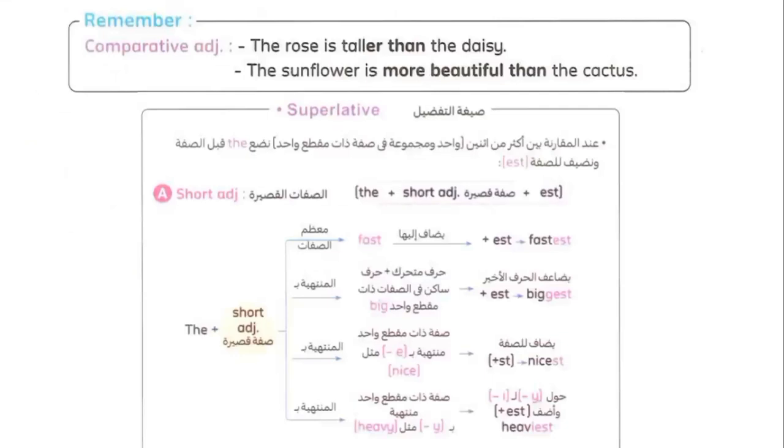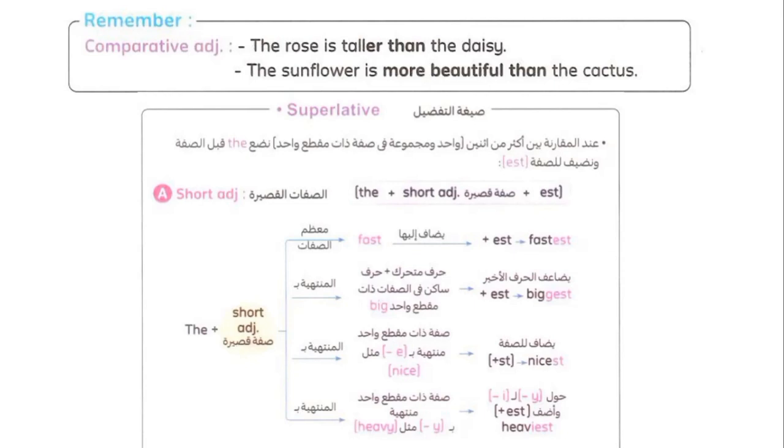Now we will remember together about the comparative, and superlative also. We talk here about adjectives. We use adjectives to make a comparison between two objects or two persons.